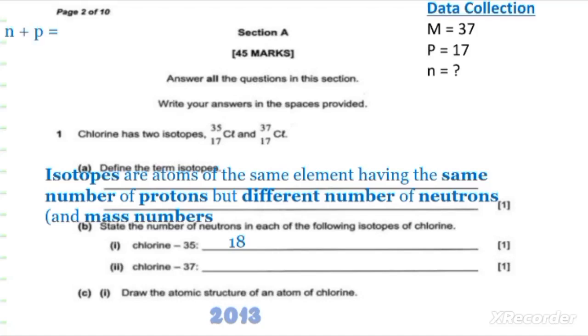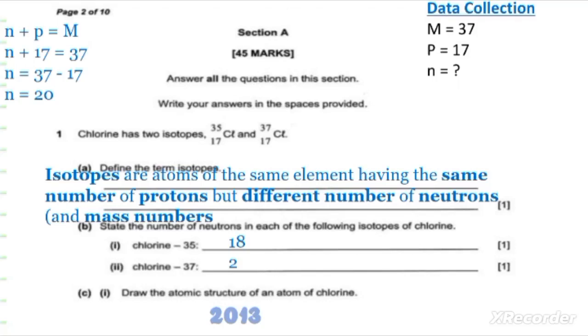We need to remember that neutron plus proton is equal to mass number. So the proton number is 17, the mass number is 37. We collect the like terms, 37 minus 17, we get 20. So the number of neutrons of chlorine 37 is 20. So our answer here is 20.